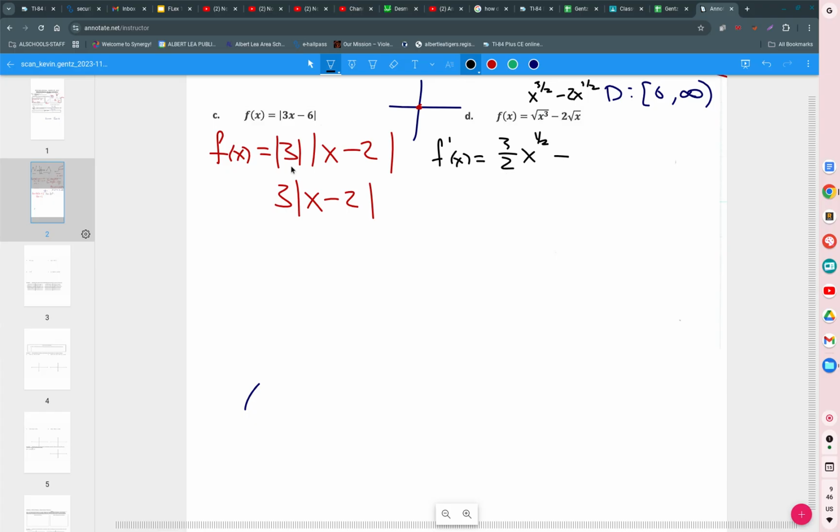Minus, then 1/2 times 2 is 1, and so I get x to the -1/2. Good job. So in other words, f prime of x is equal to 3 over 2 roots of x minus 1 over the root of x.